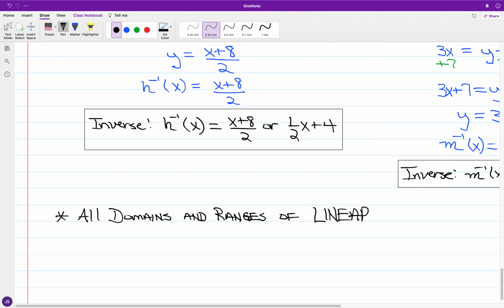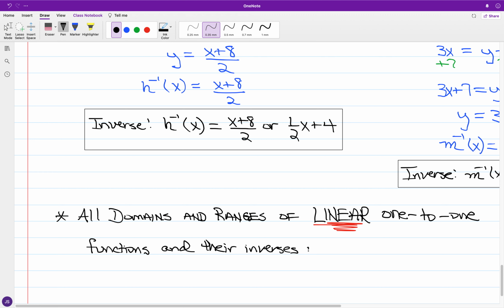I'm just going to mention this in case. So just going to put stress, I'm going to stress this. Okay, all domains and ranges of linear one-to-one functions and their inverses will be all real numbers.